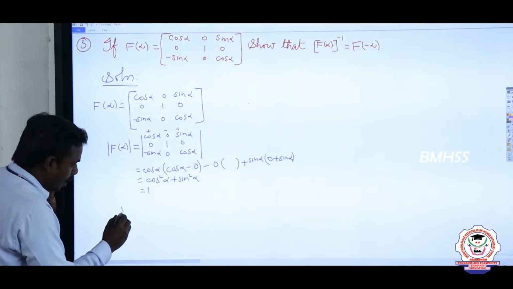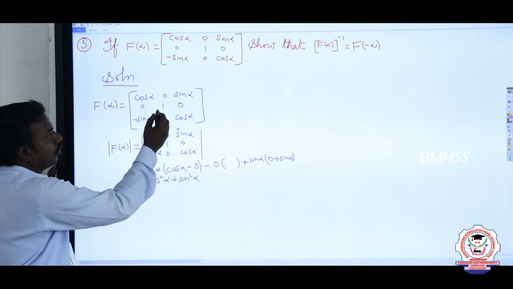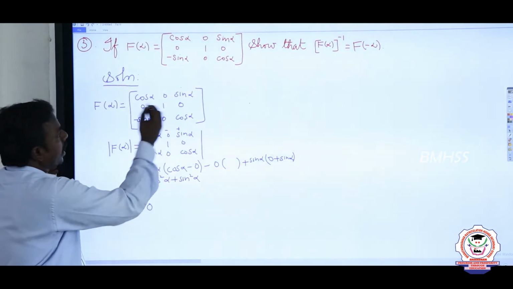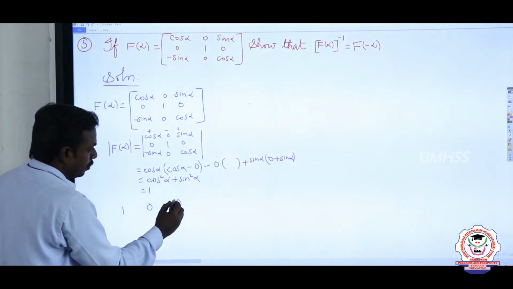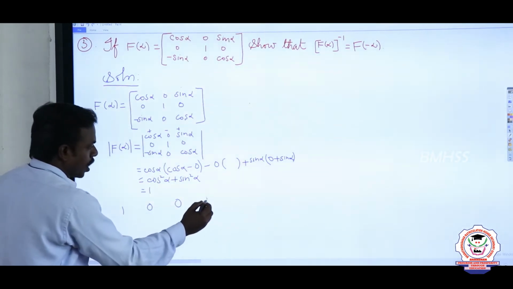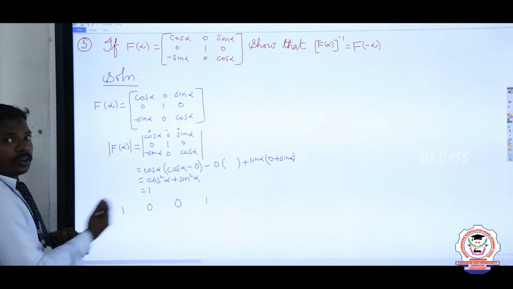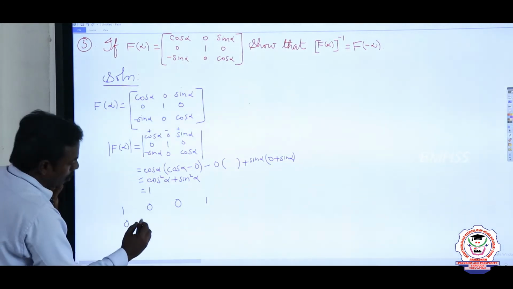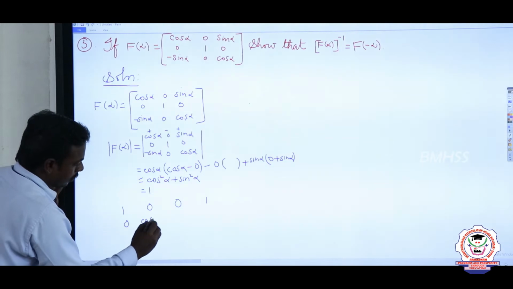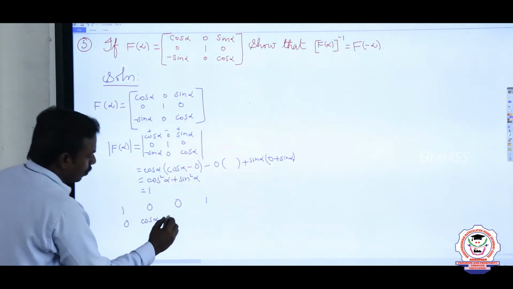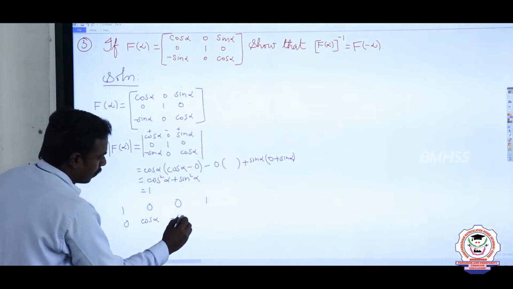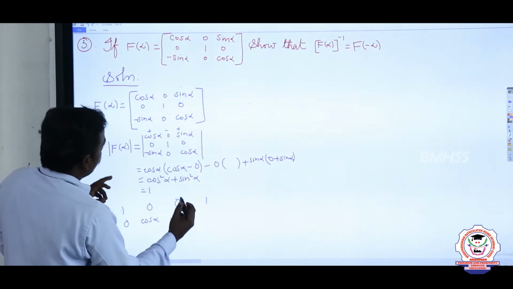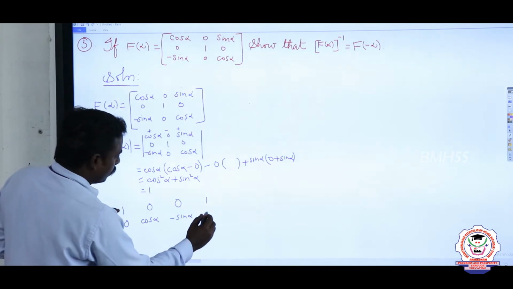To find the adjoint, first value 1, next to 1 is 0, next again 0, and again the starting value 1 should come. From the third row, the second value is 0, cos alpha, first value minus sin alpha. Next, starting value 0.